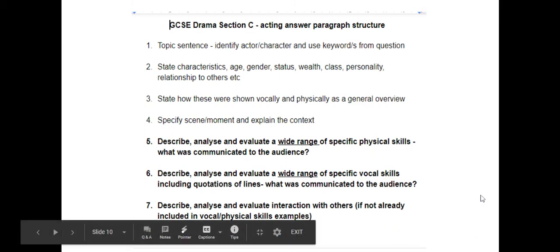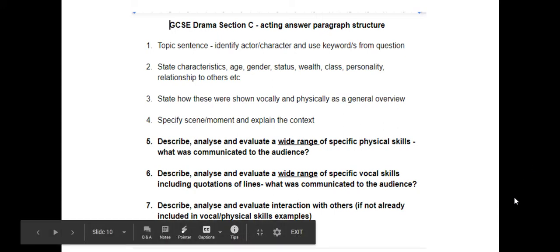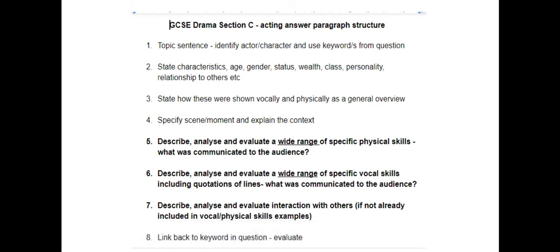This is where most of the marks are. So to evaluate, you still need to make sure you get those words like successfully and effectively in there. Really importantly, link back to the keyword in the question and evaluate to show that you're answering that question, that you aren't just regurgitating a lot of notes about what you know about the play, you're answering that question.